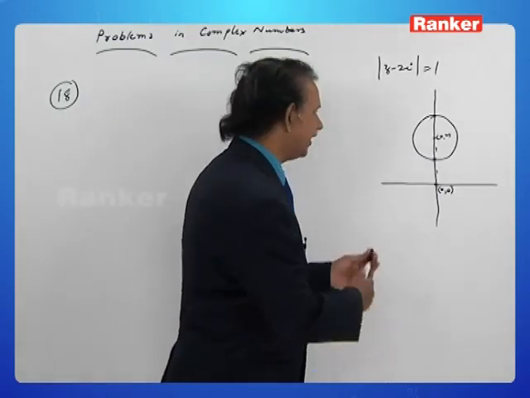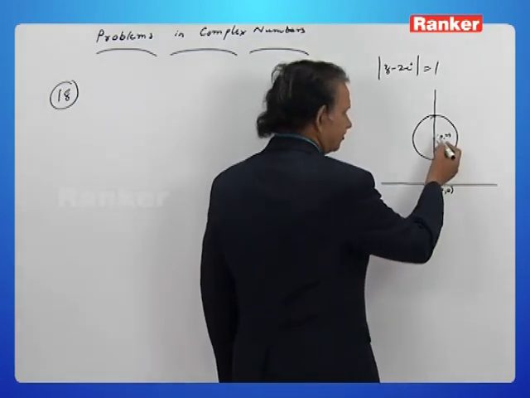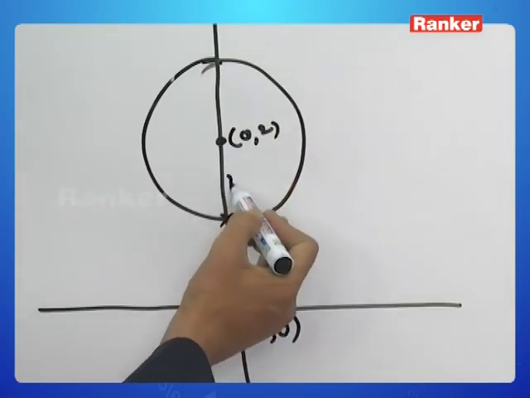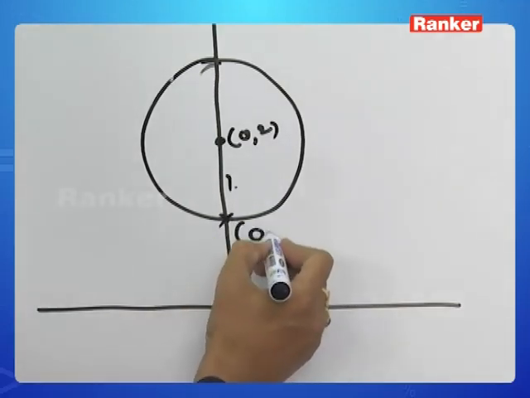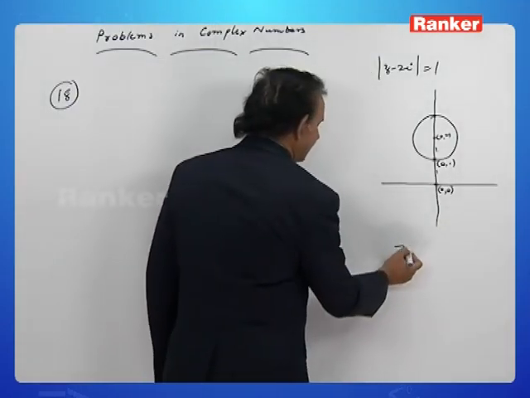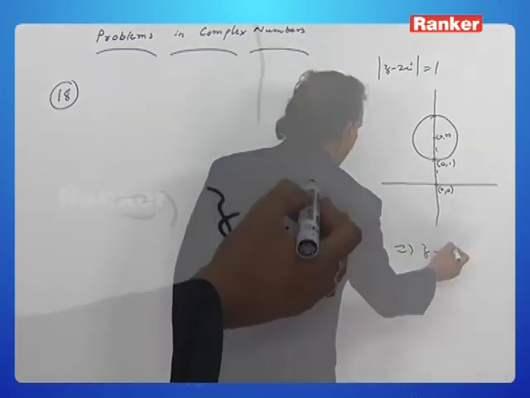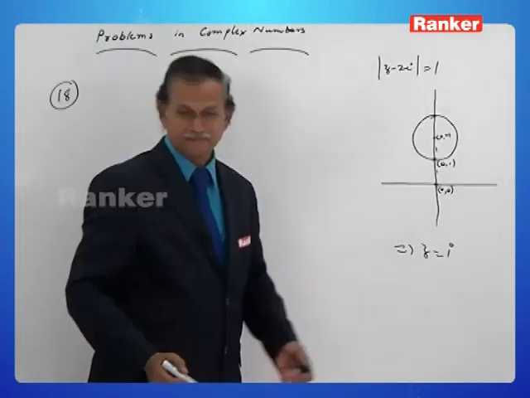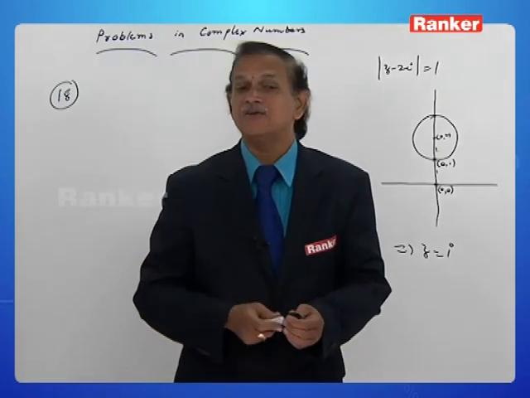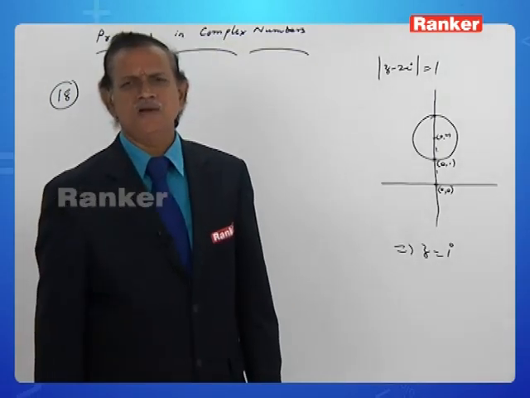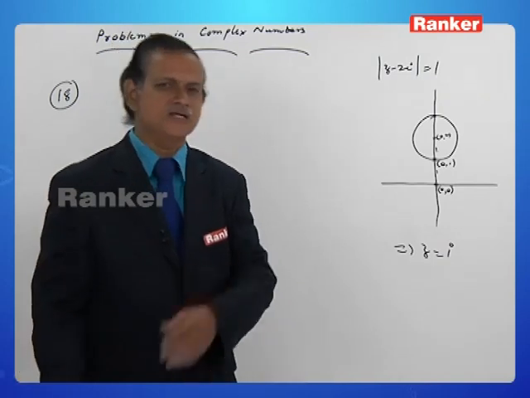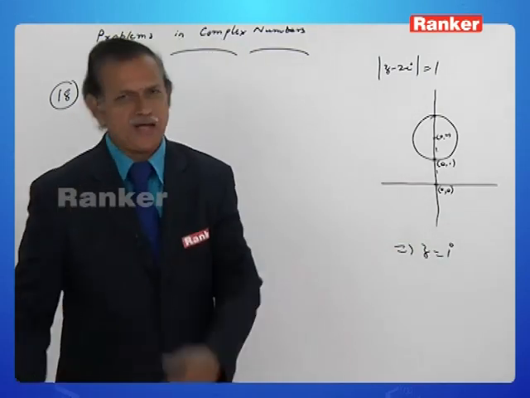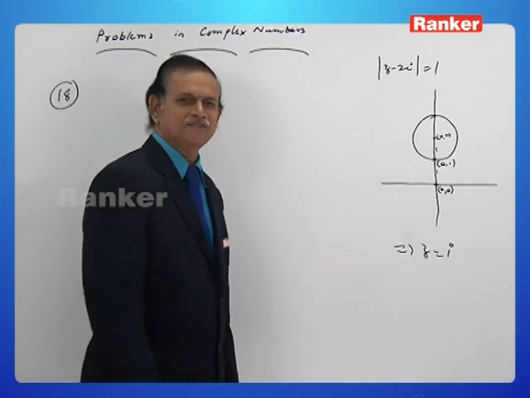This is the origin, this is 2 units, the radius is 1 unit, hence this is 1 unit, hence this point is 0, 1, which implies z is equal to i, isn't it? Z is equal to i. The point 0, 1 on the Argand plane is nothing but the point corresponding to the complex number i. Yes, therefore z is i.